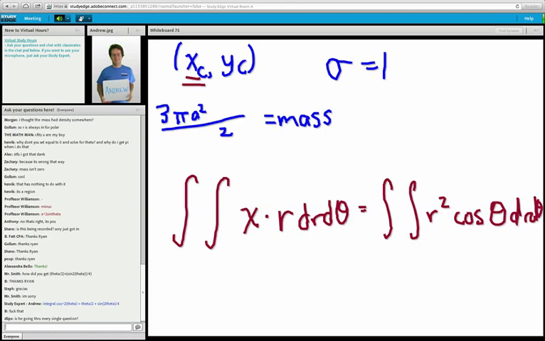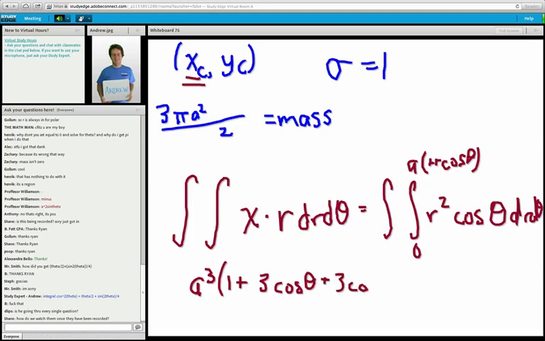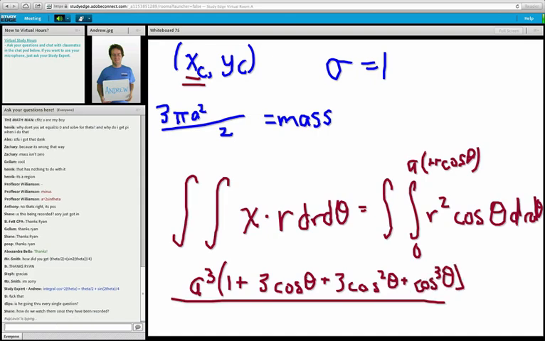I might be going through every single question, but I don't know. All right, so the upper bounds are still a times 1 plus cosine theta. Now, I've got something to say about this. The integral of r squared is r cubed over 3, and if you plug in a times 1 plus cosine theta, that's going to give you a cubed times 1 plus 3 cosine theta plus 3 cosine squared theta plus cosine cubed theta, all over 3.